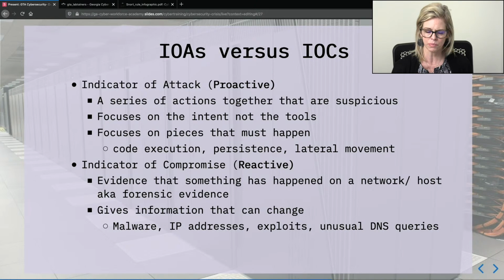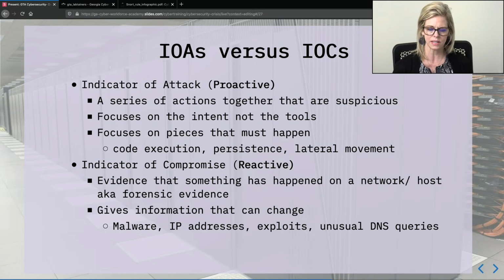Now, action on objectives is a term that comes from the cyber kill chain, and it has us focus very specifically on the intent as opposed to the tool or the actual craft that the attacker is using. So we concentrate on the fact that certain specific things must happen in order for this attack to be successful.